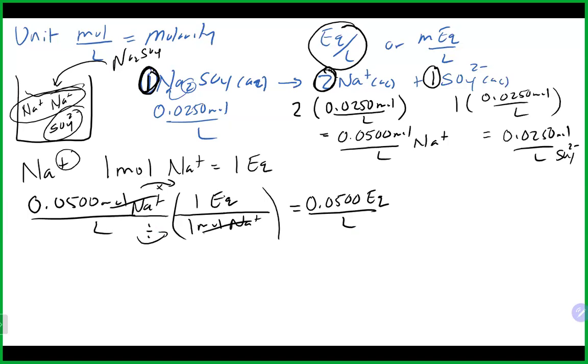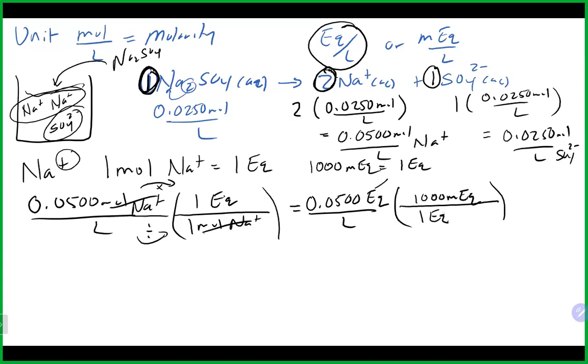Now, if I want milliequivalents per liter, we're just going to use our conversion, which is, again, there are 1,000 milliequivalents in 1 equivalent. So again, we're going to go opposites to cancel. Equivalents are on top. On the bottom would go 1 equivalent and 1,000 milliequivalents.